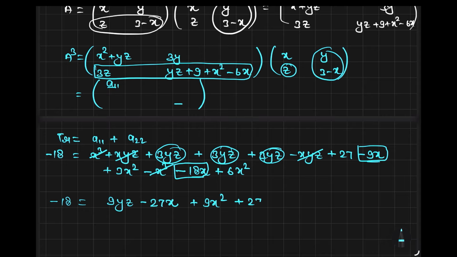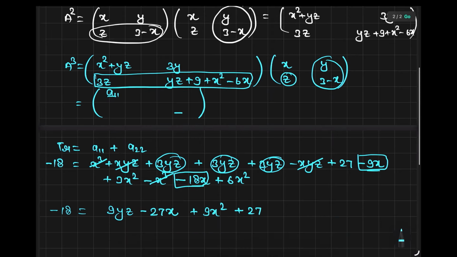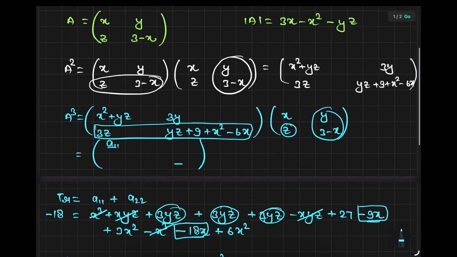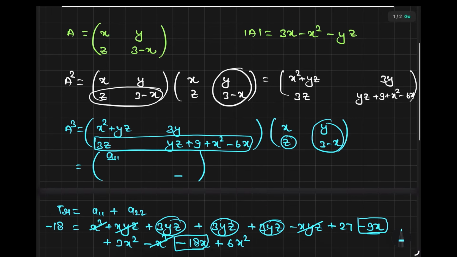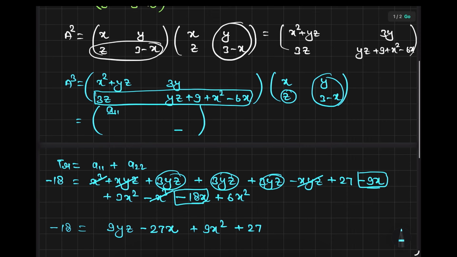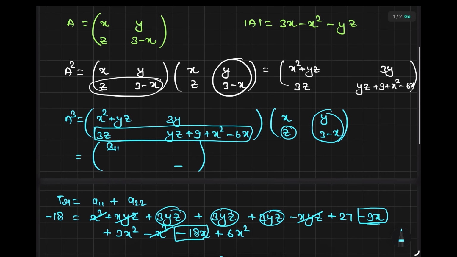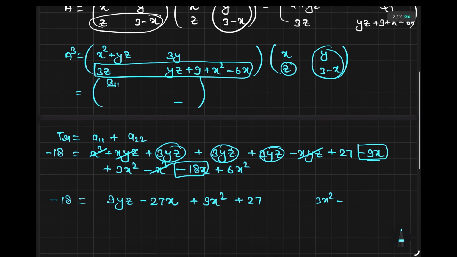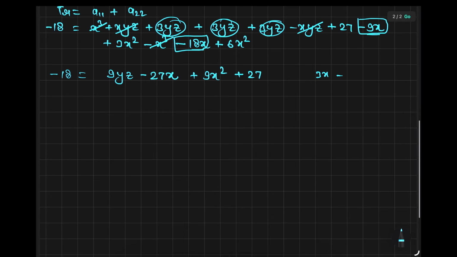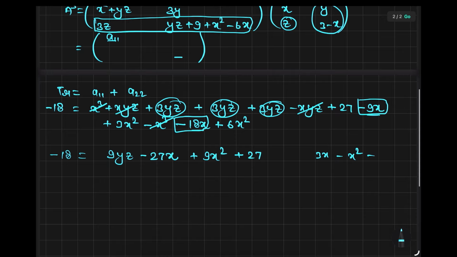Now look at this. We are interested in finding 3x minus x square minus yz.